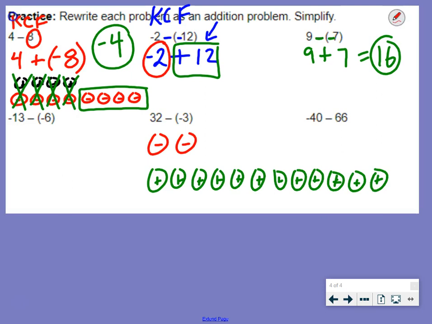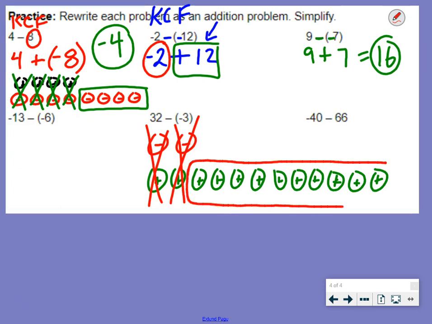Now, we can cross off those negative positive pairs because they make 0. Those are our 0 pairs. So how many do we have left? 1, 2, 3, 4, 5, 6, 7, 8, 9, 10.